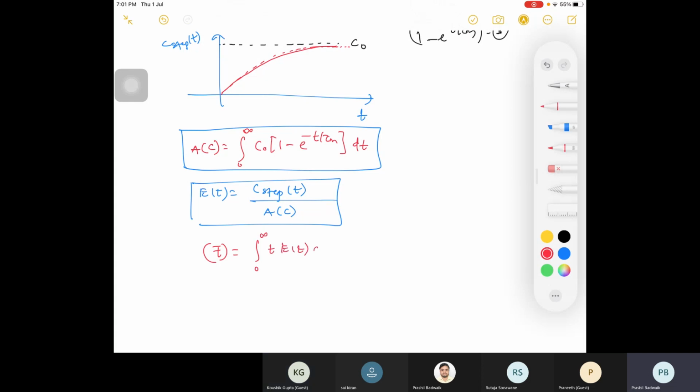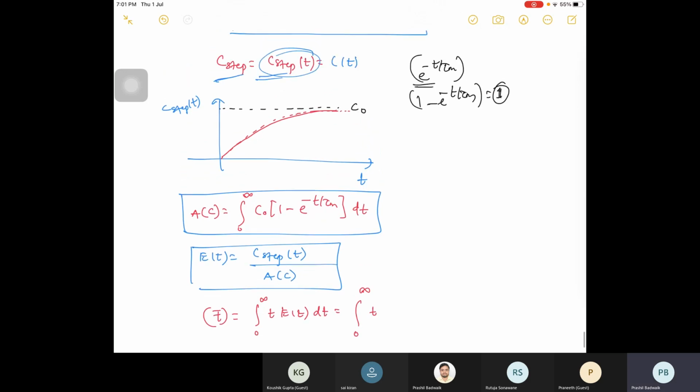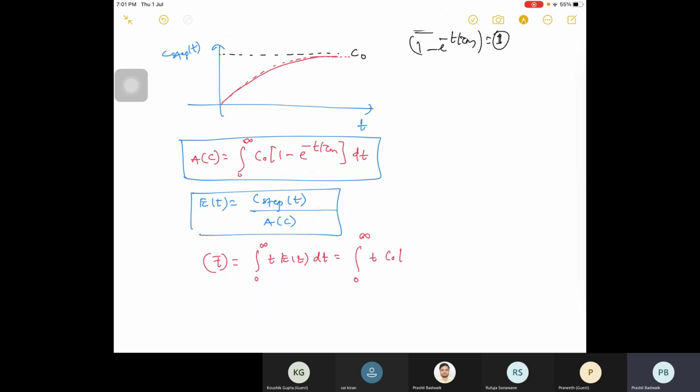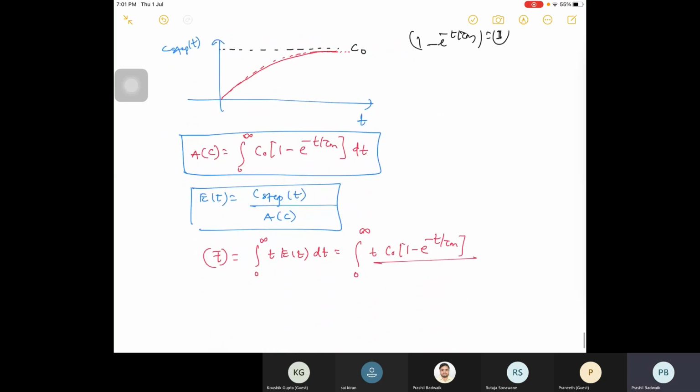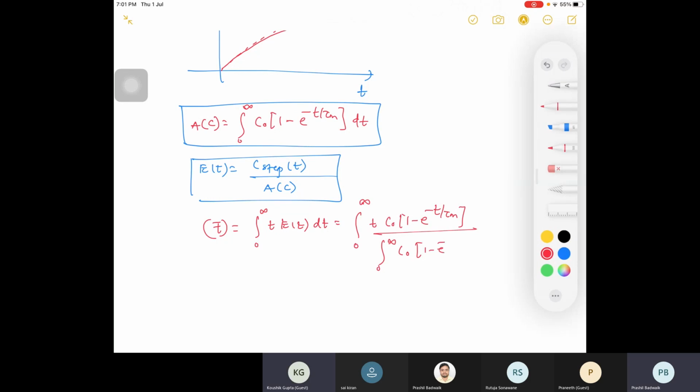So what will that equation be? 0 to infinity, t into E of t, that is C step t, and the C step equation is C naught into 1 minus e to the power minus t by tau m, divided by area under the C curve, with dt. Is it correct?